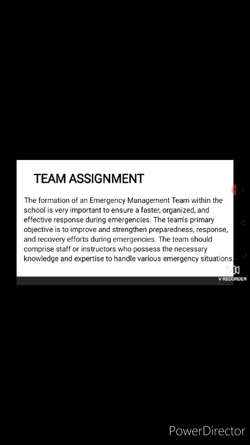Strengthen preparedness and how to respond and recover during the emergencies. So, in a team, dapat naa jud na siya leader or head who is knowledgeable enough and an expert on how to handle various emergency situations.